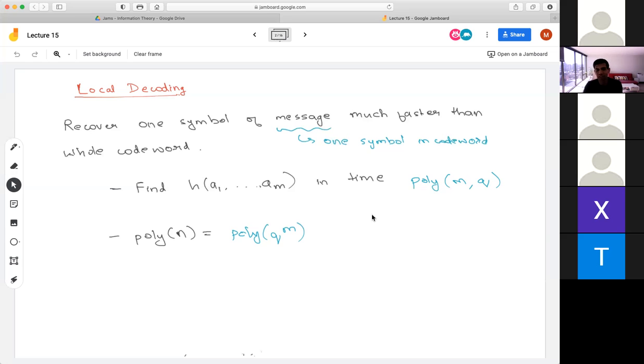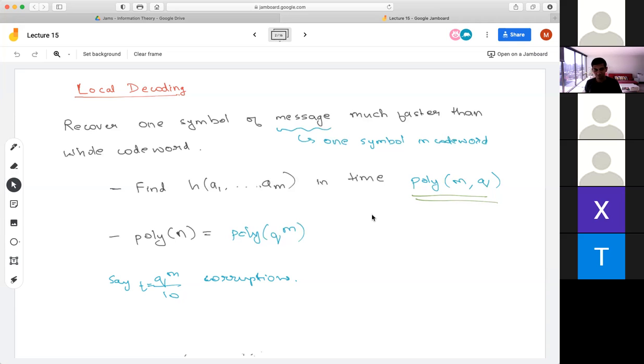Another thing to note is that if we are allowing a constant fraction of the symbols in the code word to be corrupted, let's say 10% of the symbols, and this was what we were calling T, then any algorithm you are using has to be randomized, because if it's a deterministic algorithm, there is no hope. A deterministic algorithm is going to query at most poly(M, Q) positions.